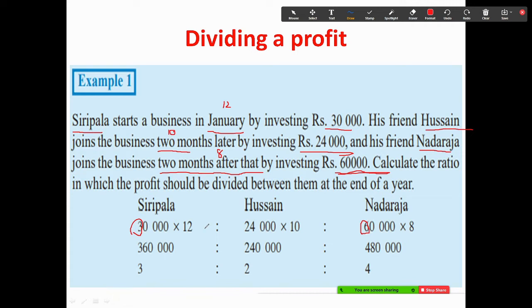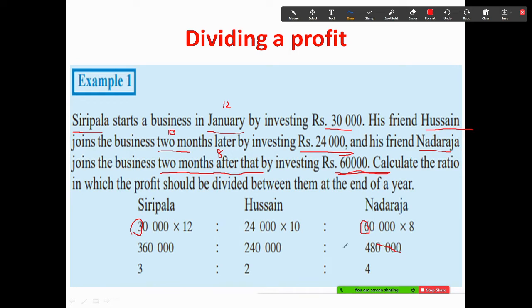Now you have to write that in the simplest form. How to write that in the simplest form? You can cancel out common zeros from all the 3 components. There are 3 parts in this ratio. What is the maximum number of common zeros? Here 4 zeros, here also 4 zeros, here also 4 zeros. So there are 4 common zeros.